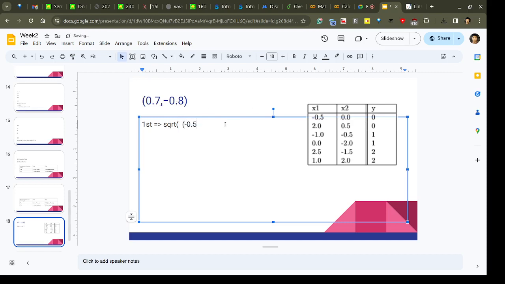So minus 0.5 minus 0.7, whole square, plus 0 minus minus 0.8, so it is 0.8 whole square, right? So this is the distance for the first one. What will be the value here? Let's say 1.44.